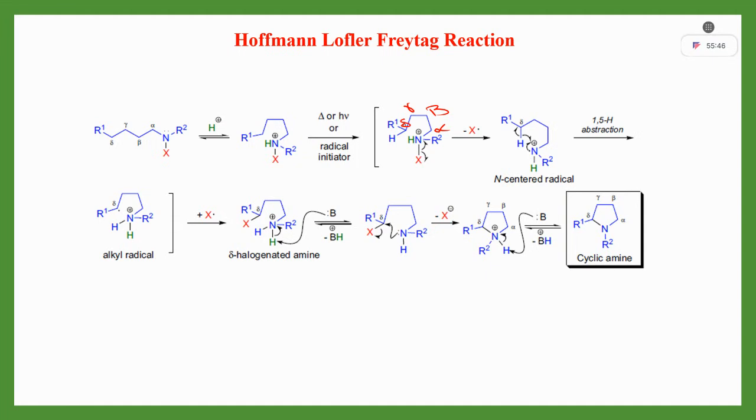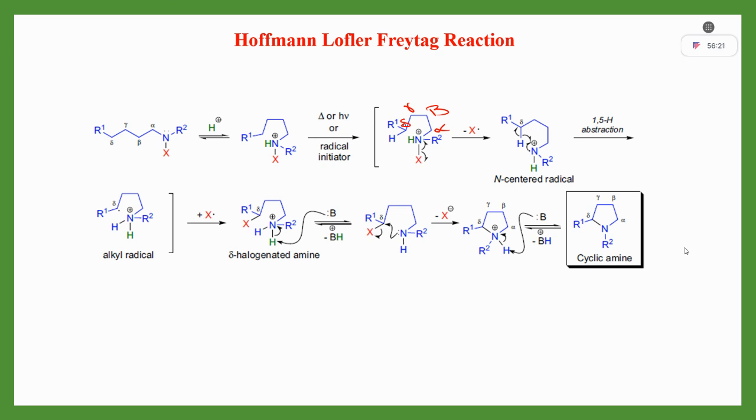Now this X dot will abstract this delta proton, or we can call it 1,5 hydrogen abstraction, resulting in formation of this radical. Now this radical will be quenched by Cl dot or your X dot. X is nothing but your halogen. At last, the lone pair of nitrogen will knock off this X as X negative and result in formation of a cyclic amine. Yes or no?